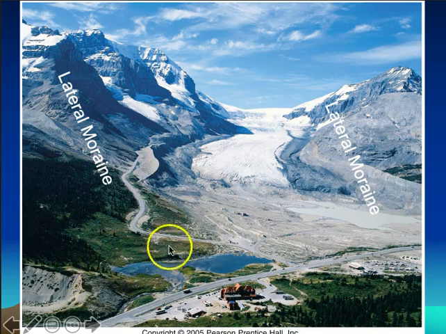And as it's melted, it's depositing its till. The till that was being dragged along the sides of the glacier is now left behind as these ridges of till that we call lateral moraines. So one there and one there.